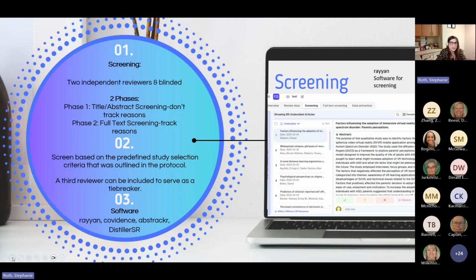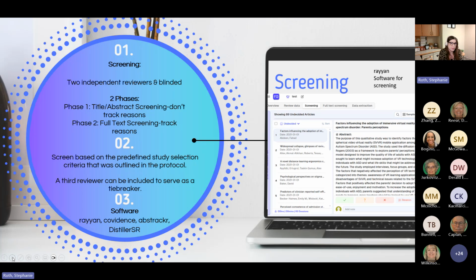This process is done by two independent and blinded reviewers. This is where the blinding of the review occurs. And then the screening is based on the protocol. So that's why the protocol is important too, because you already have predefined a lot of this criteria and outlined what is the inclusion exclusion criteria for the study.